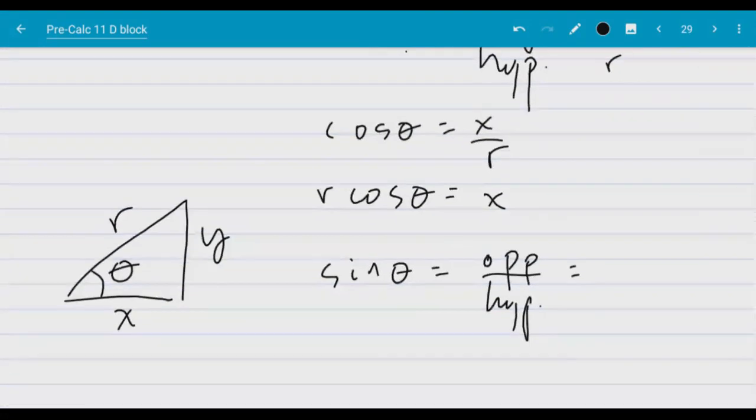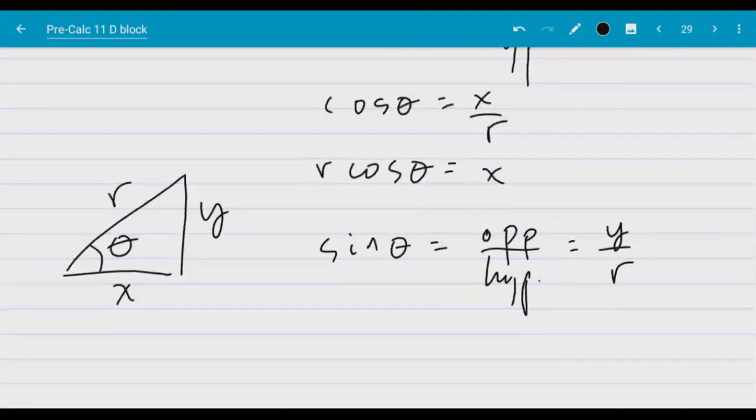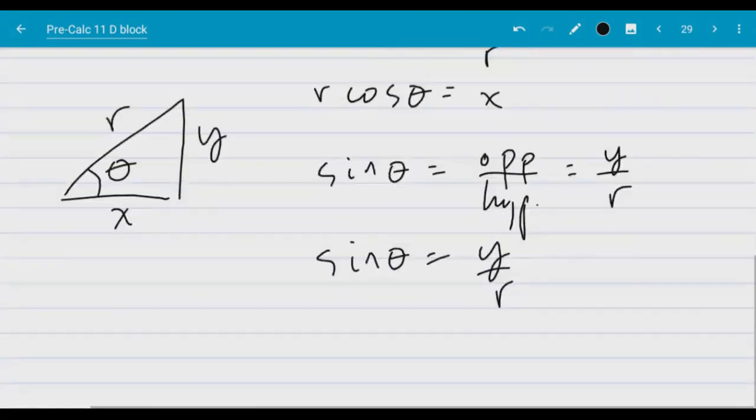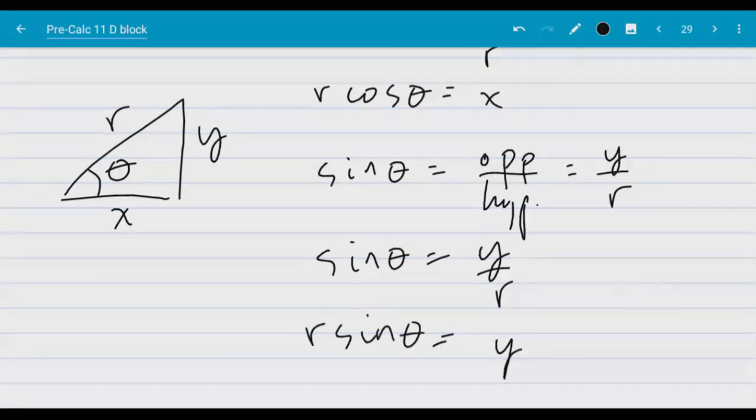So the opposite is y over r. And if we want to isolate y, since we have sine theta equals y over r, multiply both sides by r, we have y equals r sine theta. So once again, if it's something that is not so clear to you, I strongly suggest that you stop the video and rewind and watch it again. Okay? Now, moving on.